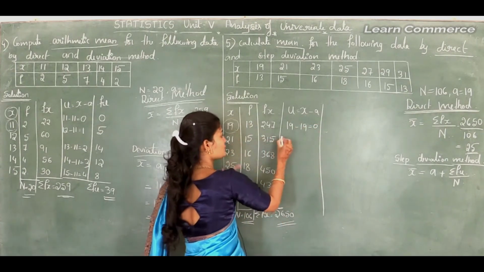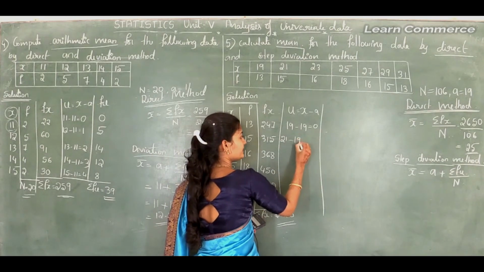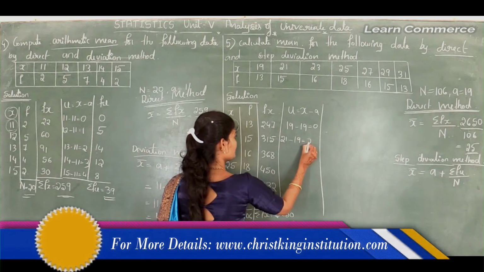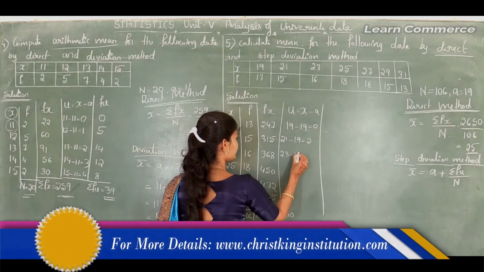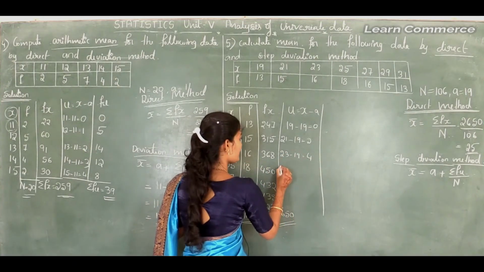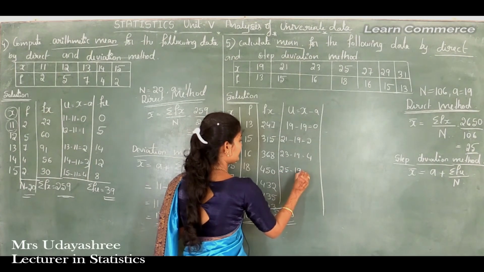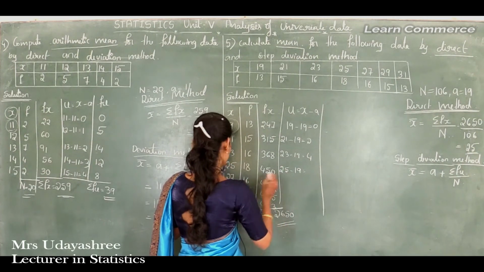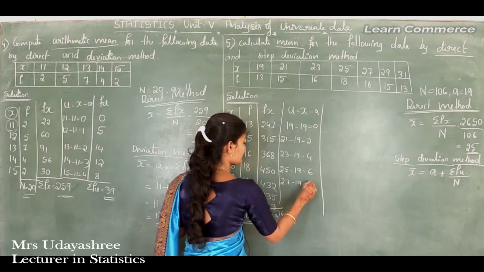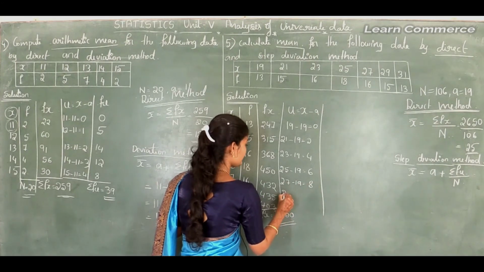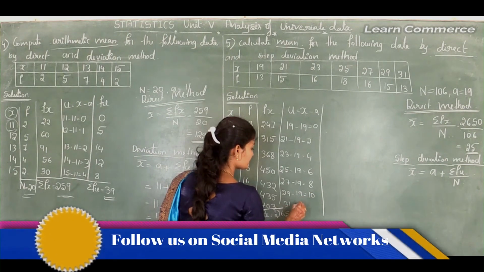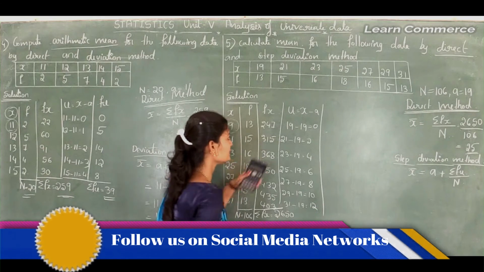Next x observation is 21, 21 minus 19 is 2, then 23 minus 19 is 4, then 25 minus 19 is 6, next 27 minus 19 is 8, then 29 minus 19 is 10, then 31 minus 19 is 12. These are the u observations.